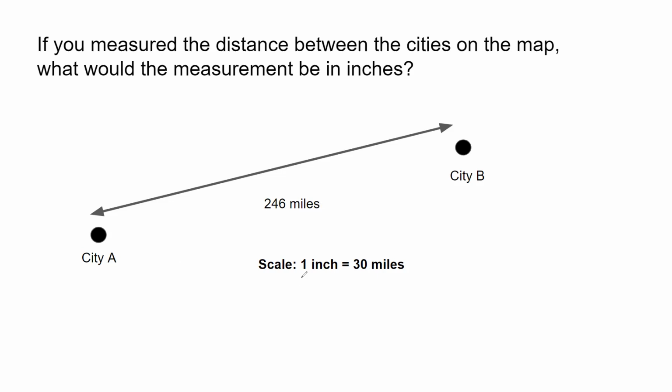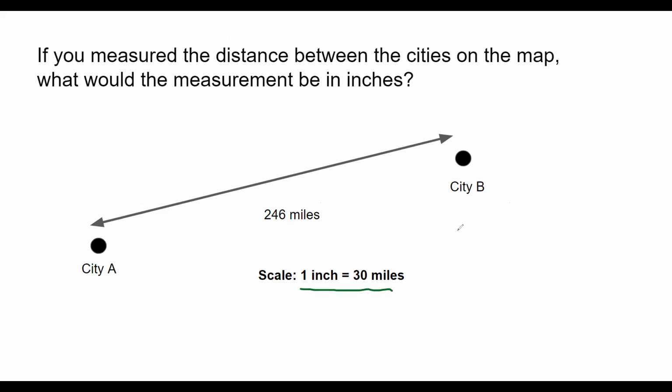We are going to start out with our scale. 1 inch, 30 miles in this case. 1 inch, and this is miles. We set up our proportion. The other side, we know the number of miles is 246 from our map.